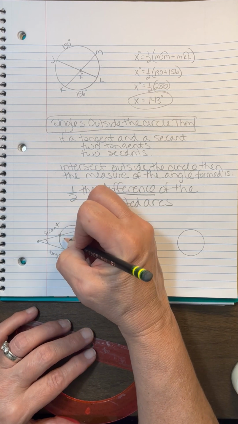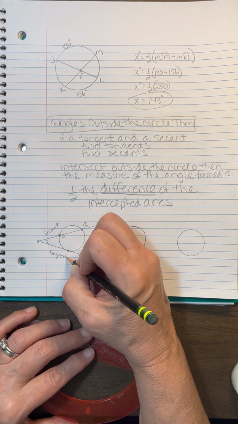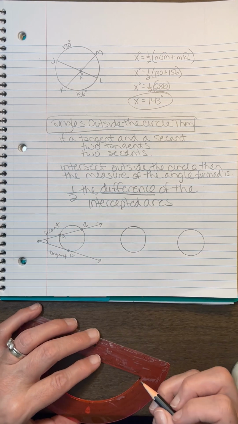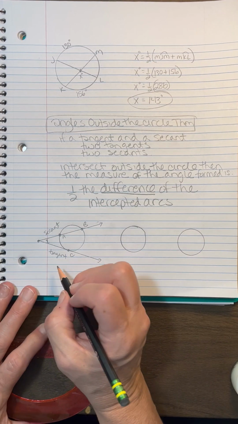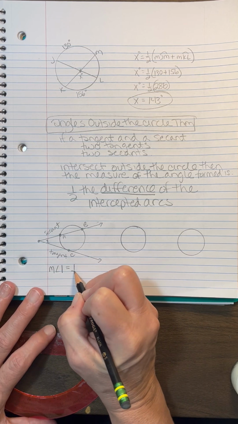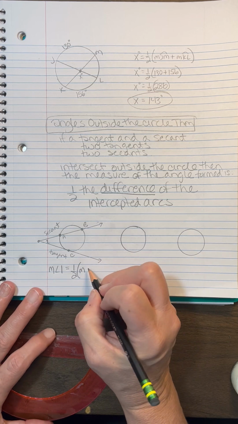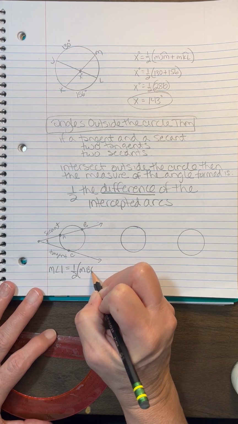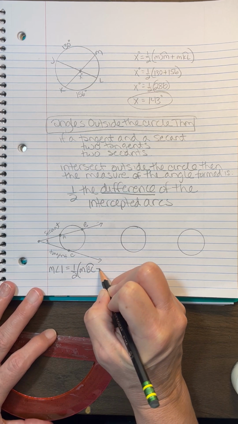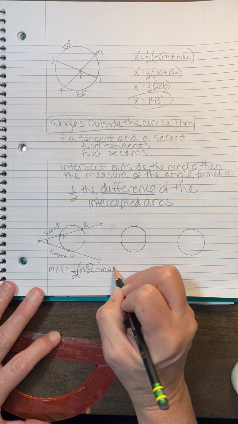We have a point A, a point B, and a point C. So what we can say is the measure of angle 1 is going to equal 1/2 still, but this time it's the measure of arc BC minus the measure of arc AC.